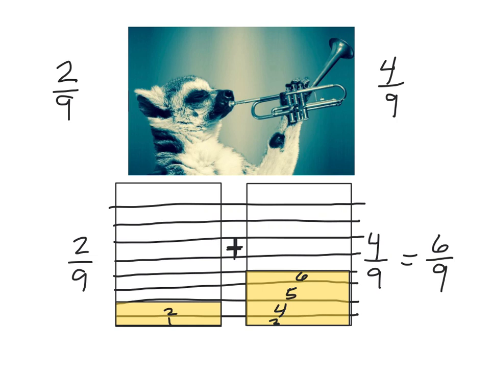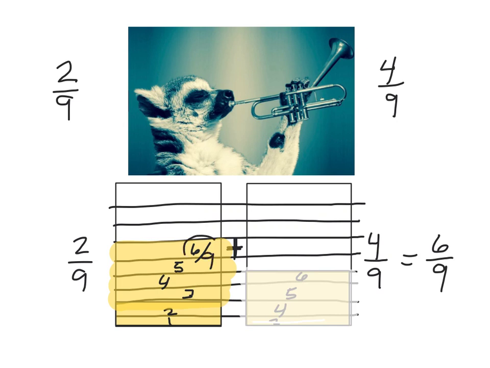You did not have to do this, but you could erase this one right here and move it right here, and you could erase this one and move it right here, and you could erase this one and move it right here, and finally you could erase this last one from that box and move it over here, and that way you had it all in one box, and then you'd go 1, 2, then 3, 4, 5, and 6 out of 9, 6/9, which is our answer right there.